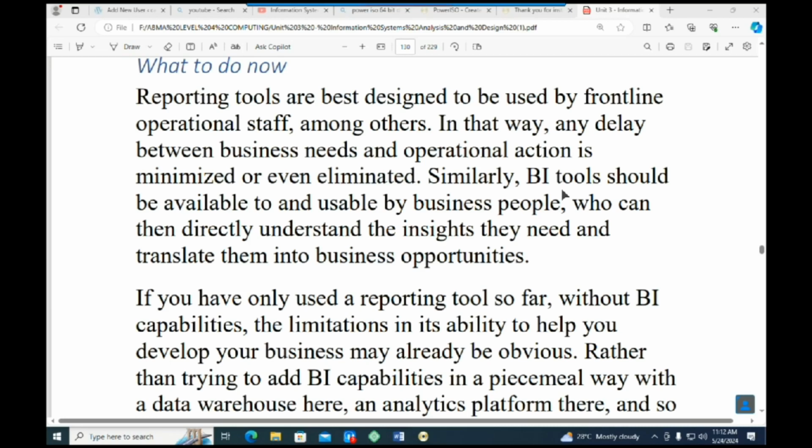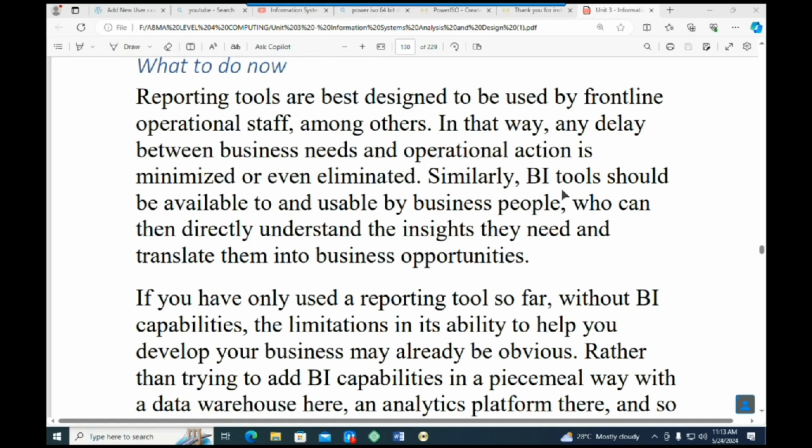So we have reporting tools, of course, designed to be used by what we call the front desk, or the operational staff. And if we work this way, any delay in the business needs, or in the operational action, is minimized or avoided, because we have people actually working on it. Then the BI tools should also be available.